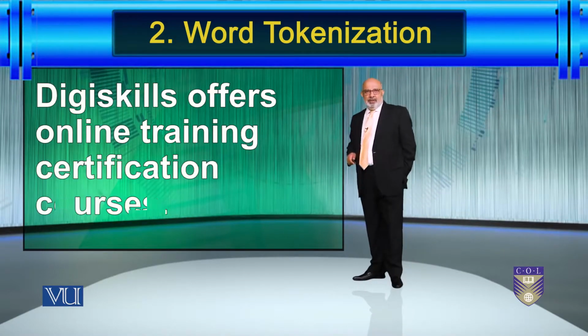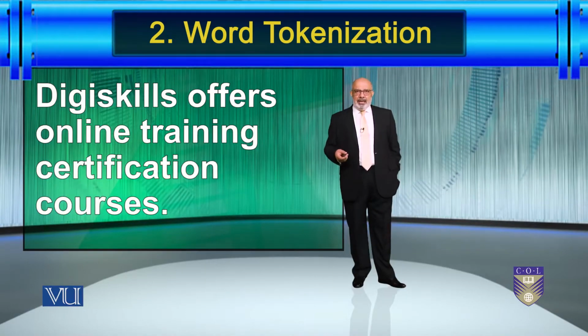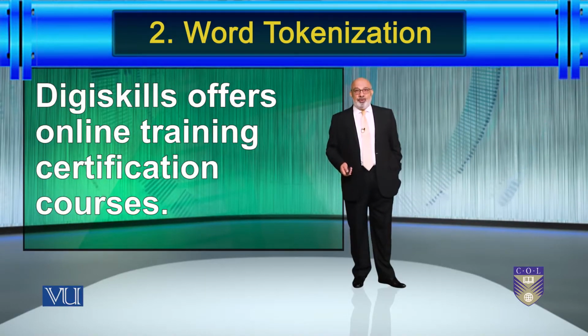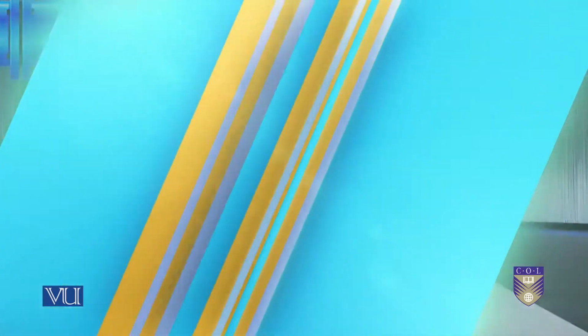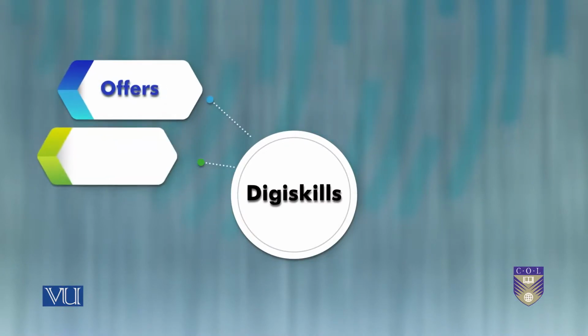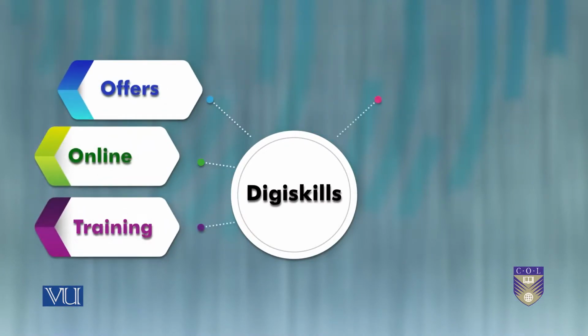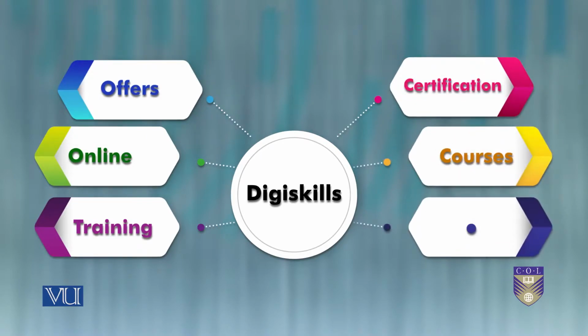We have a statement, DigiSkills offers online training, education, certification courses. The word tokenizer separates words or tokens. So each word, DigiSkills, offers, online, training, certification, courses, and the full stop as well. So these are the tokenized outputs. You have now each and every word in front of you.